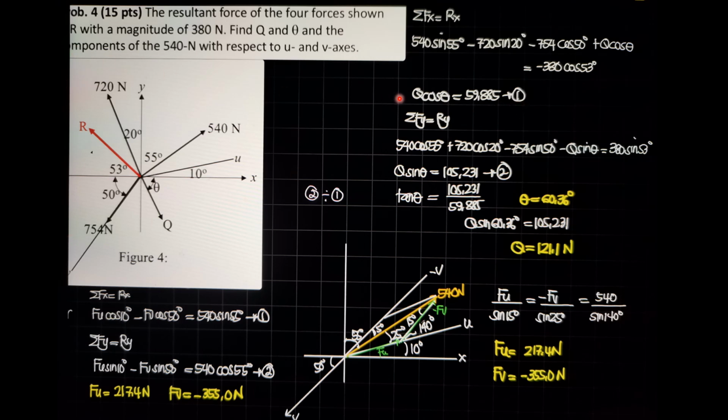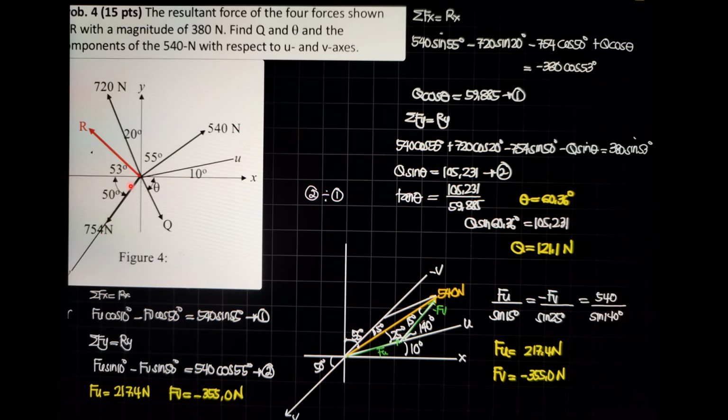Summation forces y equals Ry. Beginning with 540, it is positive, it is upward, adjacent to 55, so it is 540 cosine of 55 degrees. 720, the y component is also upward, it is adjacent to 20, so it is 720 cosine of 20 degrees.